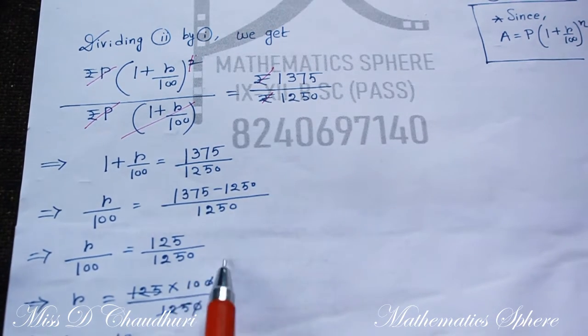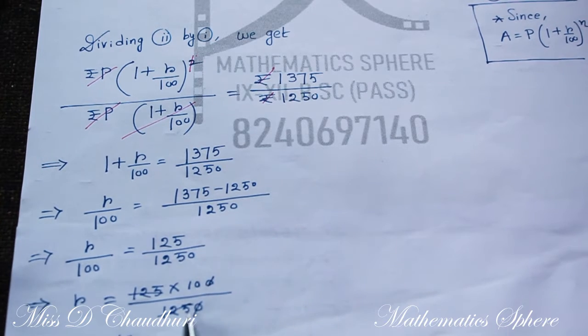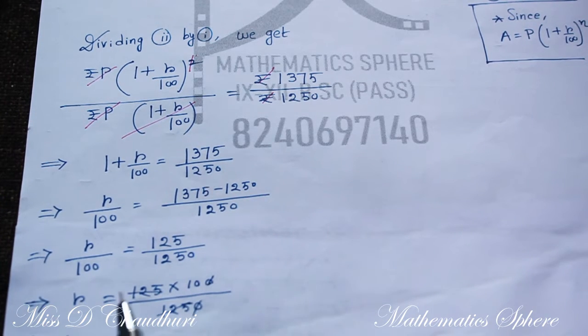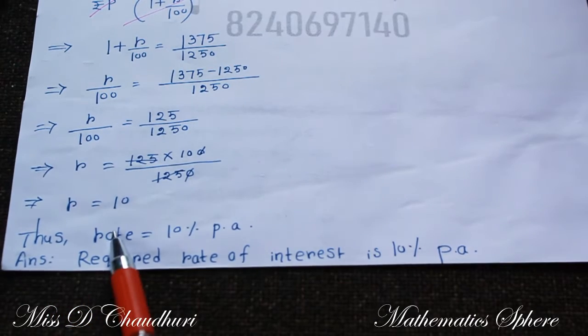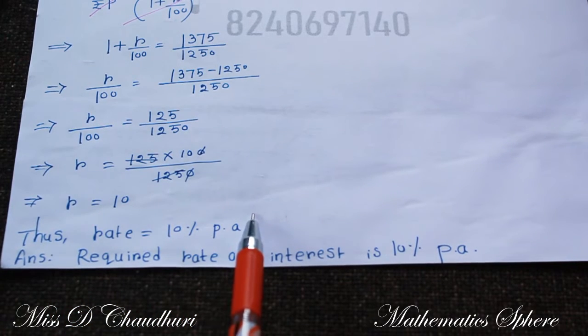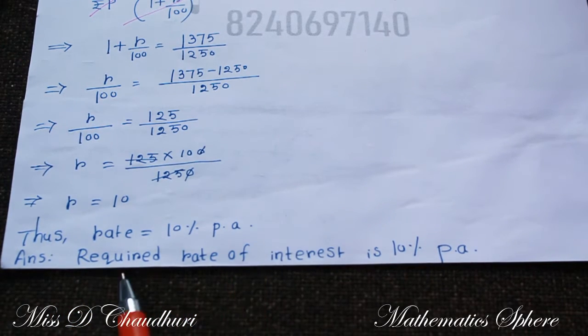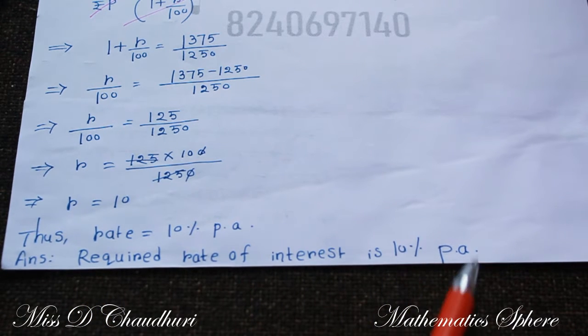When you shift this 100, you see 125 gets cancelled, 00 gets cancelled. So ultimately R equals 10 we are getting. So R is 10, that means the rate equals 10% per annum. Do not forget to write these things, please dear. Now the required rate of interest is 10% per annum.